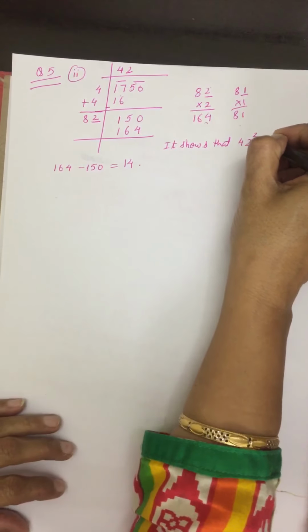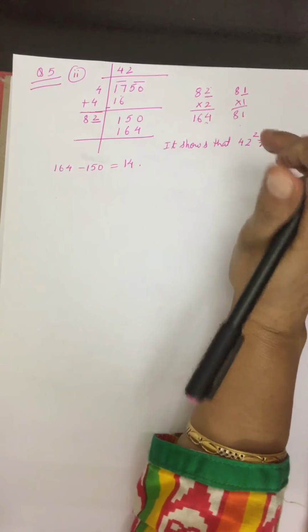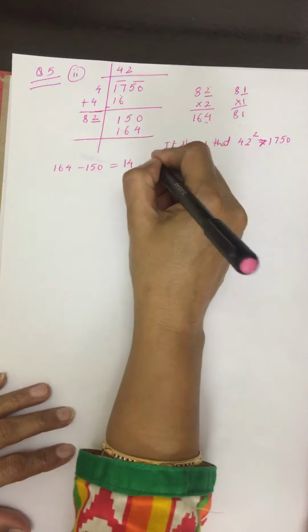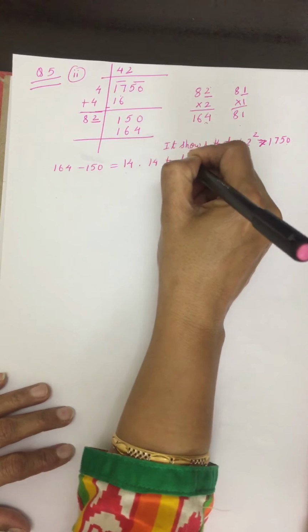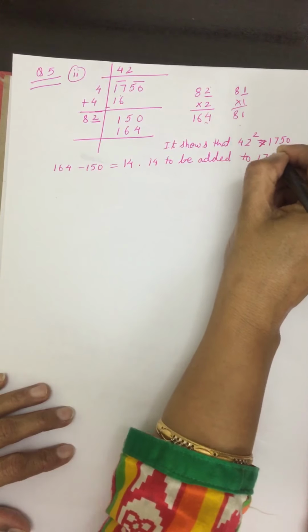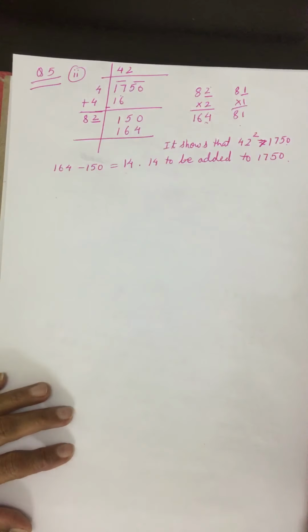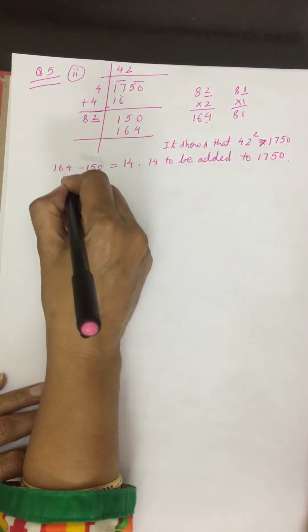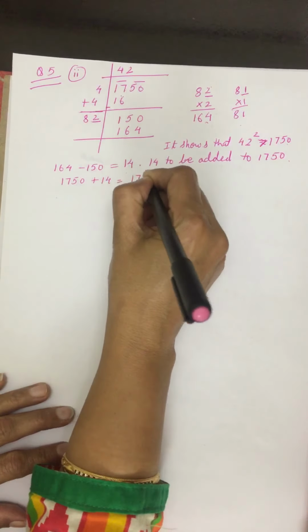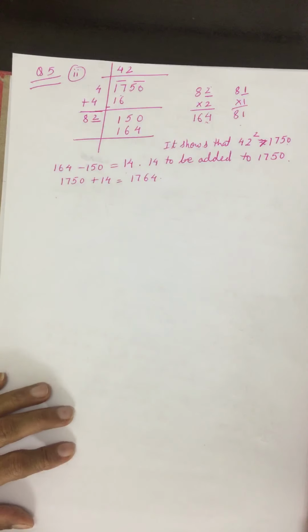Sorry, it will be greater than 1750. Okay. So how much to be added? Now we will add 14. 14 to be added to 1750. Is that clear? When you add, what will it become? It will become 1764. Okay.